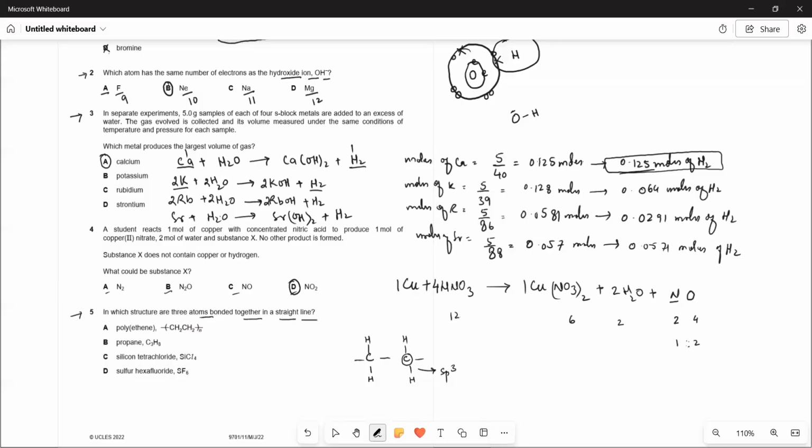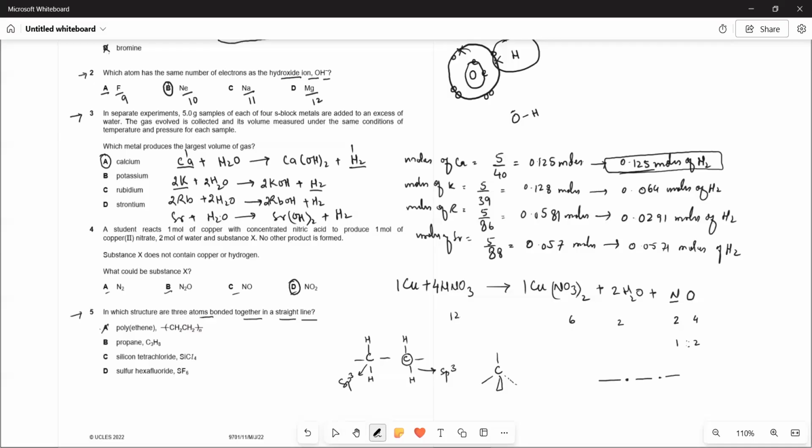And whenever it is sp3 hybridization, it has a tetrahedral shape. And in case of tetrahedral, none of the atoms is in a straight line. Straight line means 1, 2, and 3 in a straight line, making an angle of 180. So none of them is; this carbon is also sp3 hybridized. So tetrahedral, so the angles are 109. Clear?